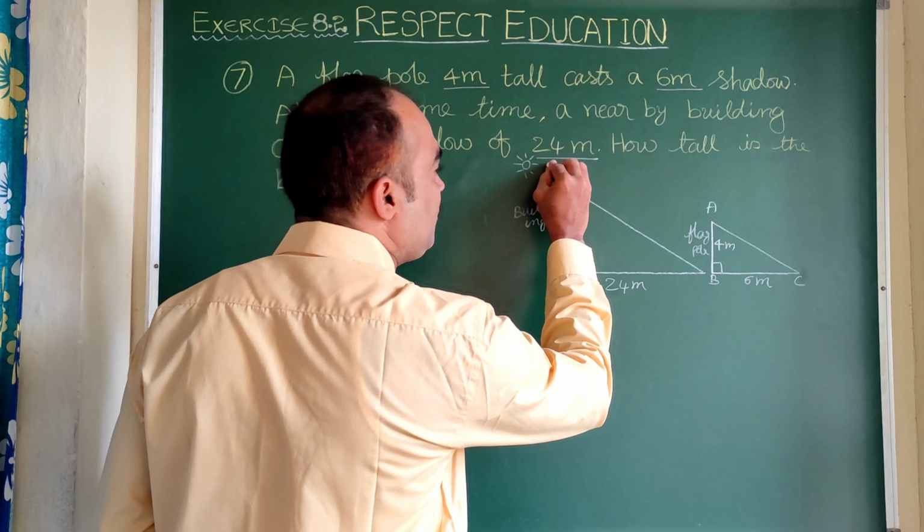Now let us substitute the corresponding values. AB is equal to 4 meters. I am writing here only 4 for simplification, and DE is H, we need to find. And BC is 6 and EF is 24.